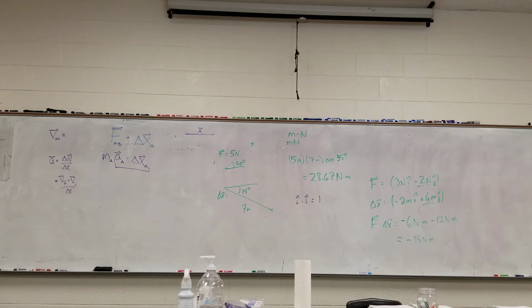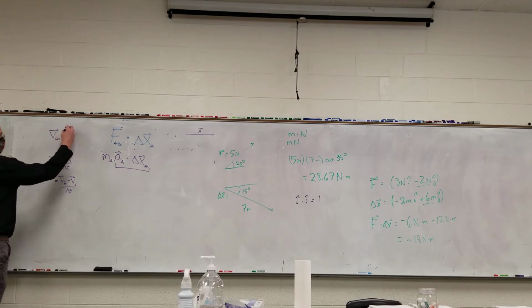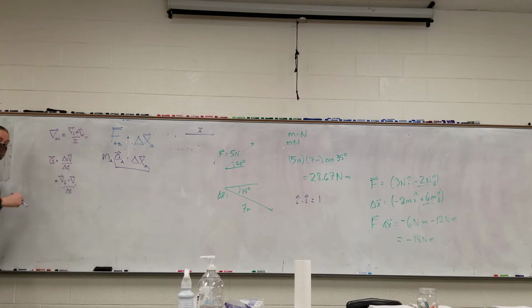It's not the difference divided by 2. It's the sum divided by 2. So V initial plus V final divided by 2. And it's also equal to displacement over time.